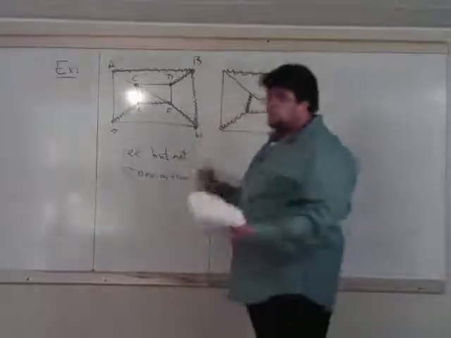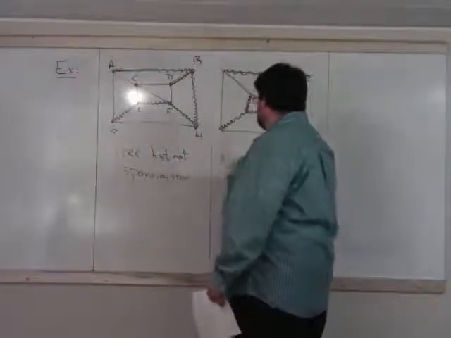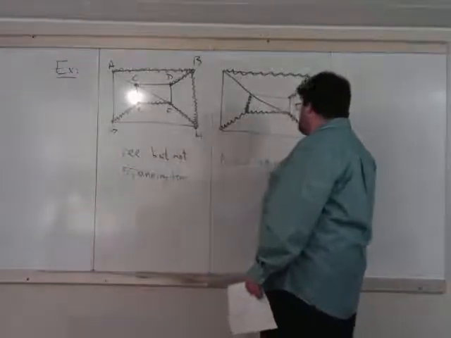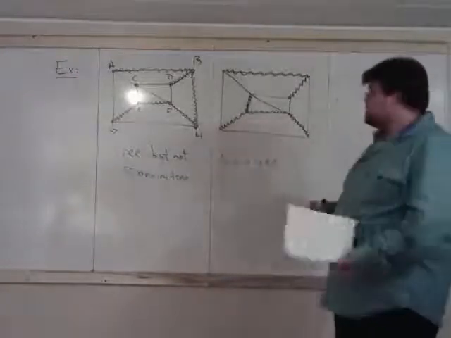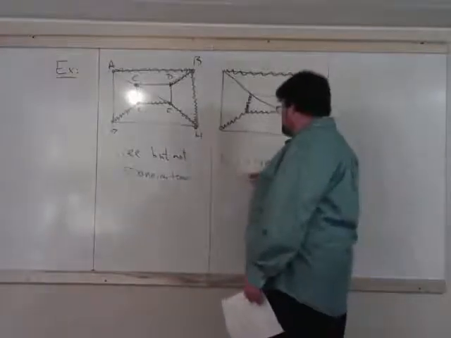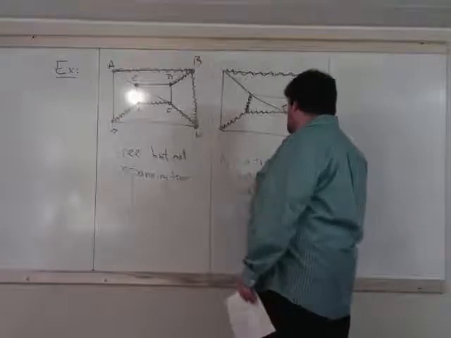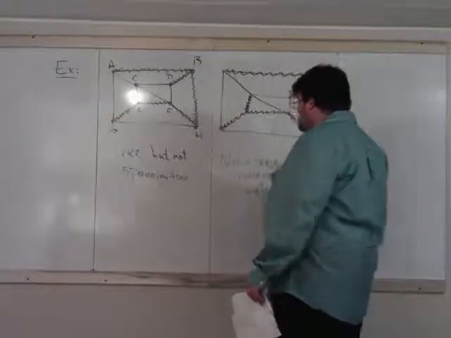So it does span the vertices, but it's not a tree. So therefore it's not a spanning tree, because a spanning tree must be a tree. So it's not a tree since it's not connected.